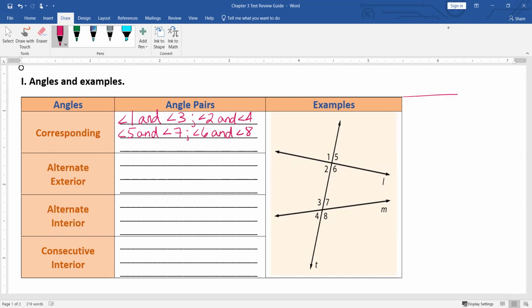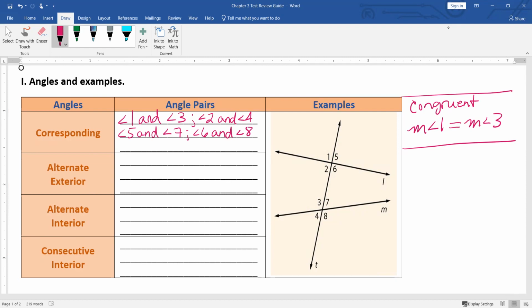If the lines are parallel, we know that corresponding angles are congruent. Using the first as an example, the measurement of angle 1 will be equal to the measurement of angle 3 if the two lines besides the transversal are parallel.